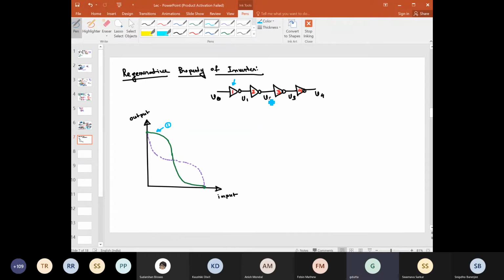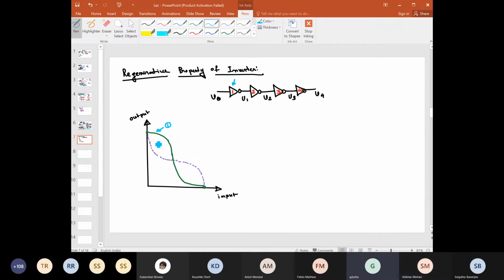What about the VTC for inverter 2? See, for inverter 2, the output of this first inverter is acting as an input for this inverter, right?